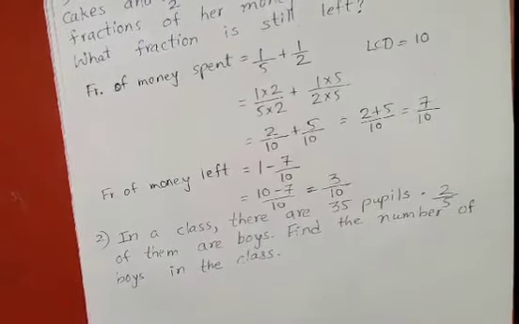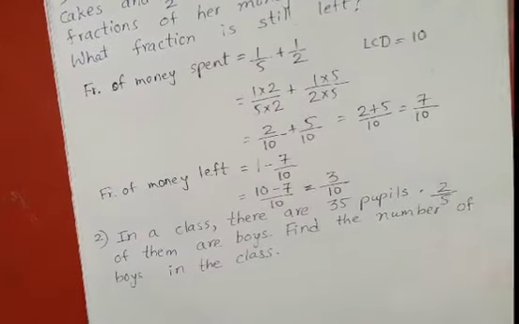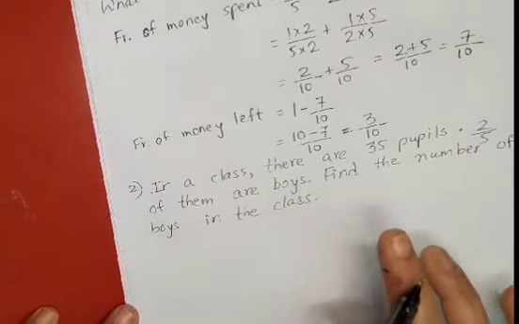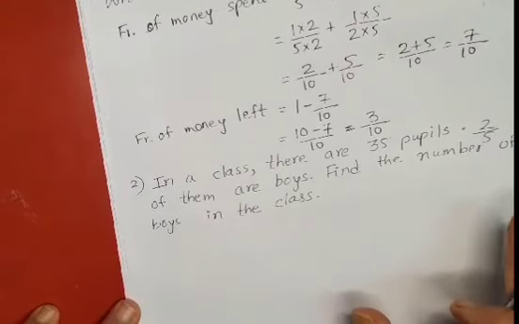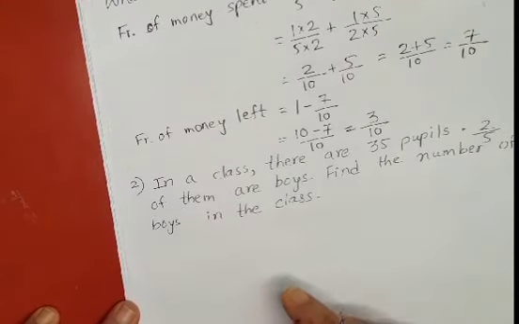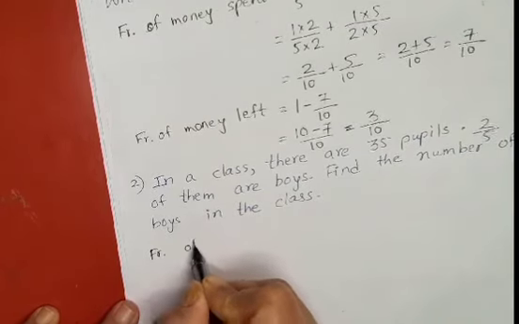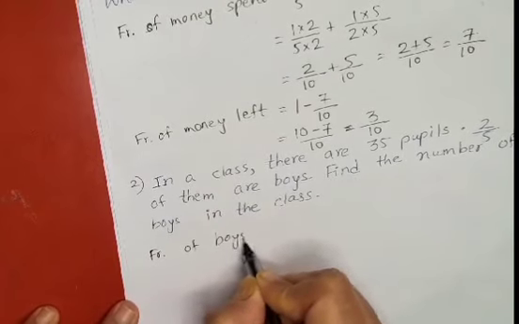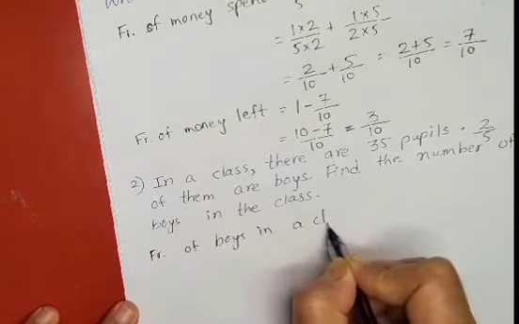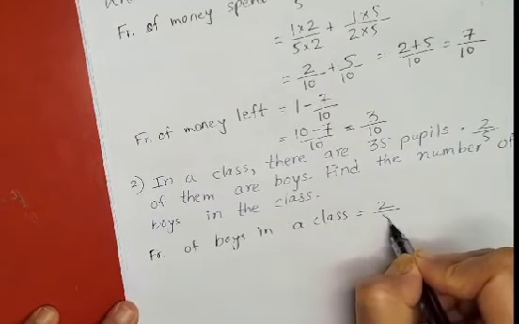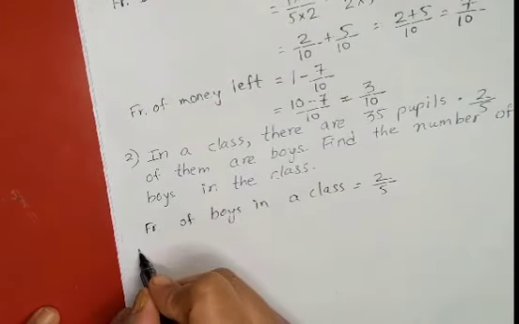Now let us turn to the second example. The second example says, in a class there are 35 pupils. 2/5 of them are boys. Find the number of boys in the class. So we are being given the fraction of boys in the class, which is 2/5.